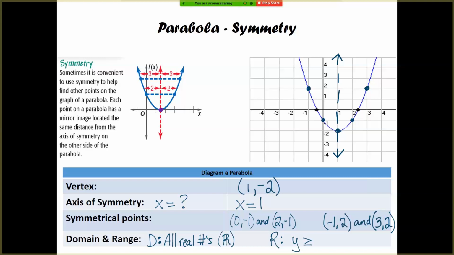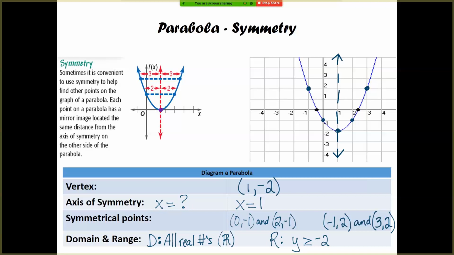To find that number, I'm going to my actual graph and I'm going to look for the lowest point. The y value on this lowest point is going to be the number that I fill in right there. What number should I put? -2. So y is greater than, every y value has to be above this point. Is that true? Yeah. This is the lowest y value.